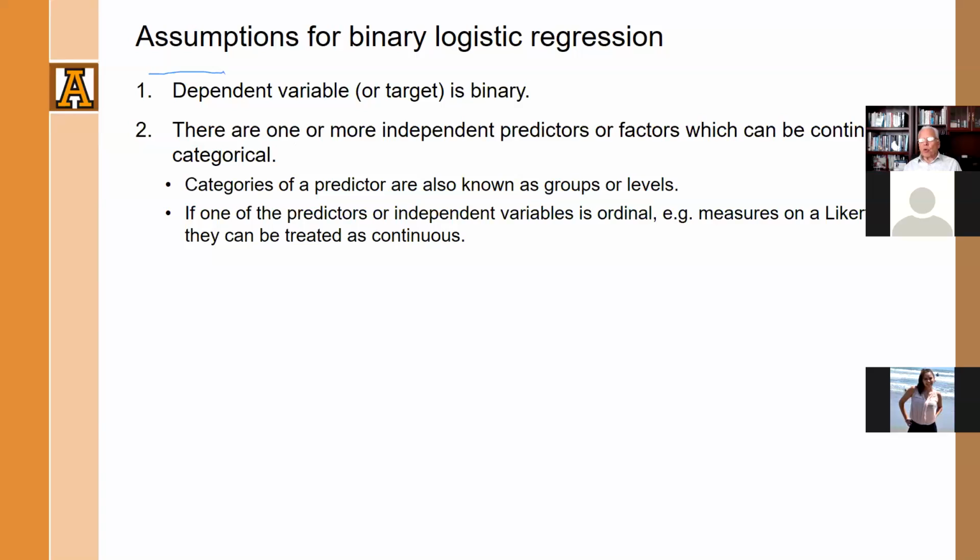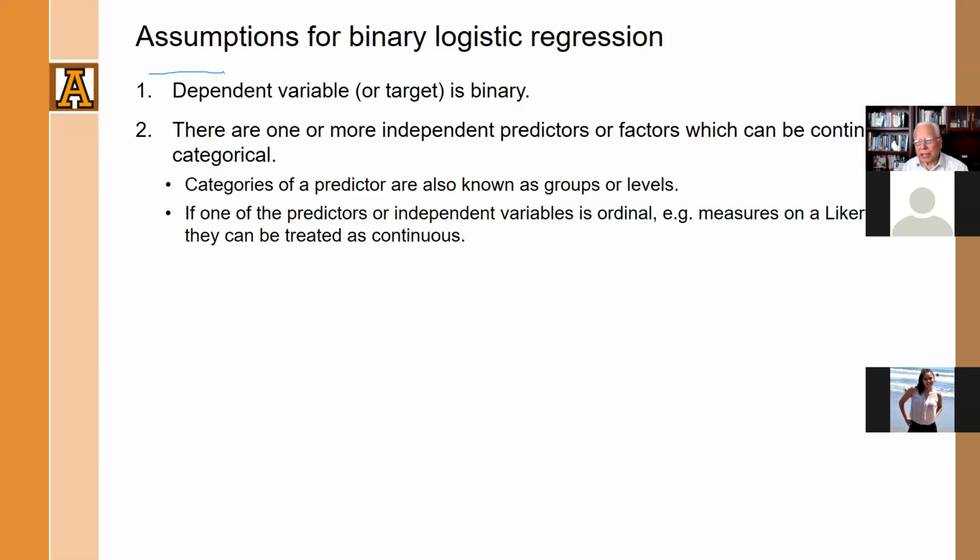When they are categorical, the levels of that predictor are called the group levels. If one of the predictors is ordinal, for example measurements on a Likert scale, it can be treated as continuous. We've seen that before. A Likert scale can be treated as continuous as long as we have a scale of 7.